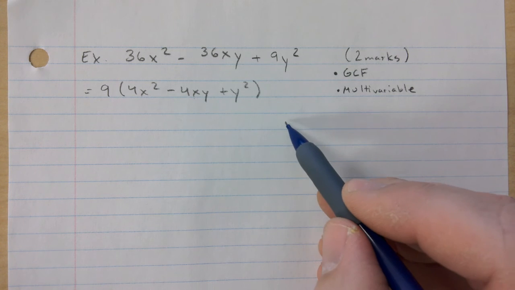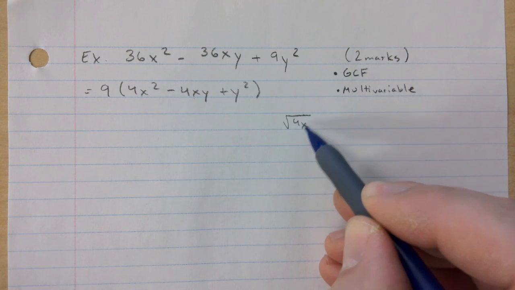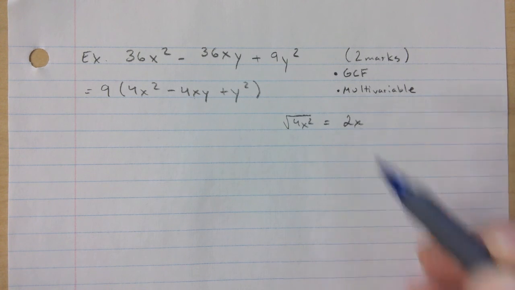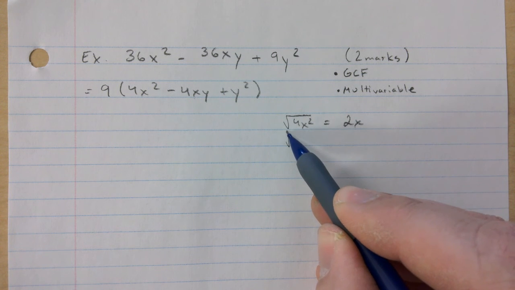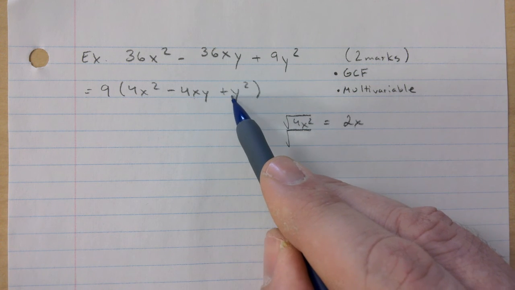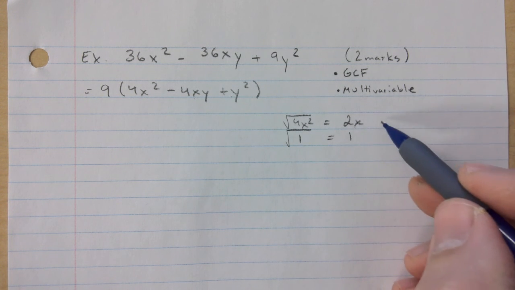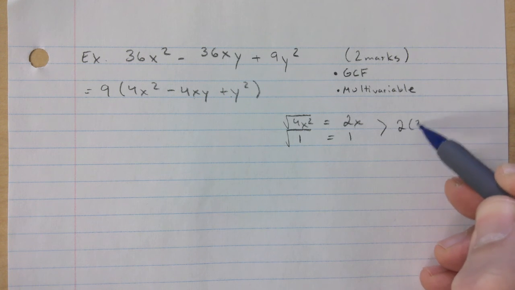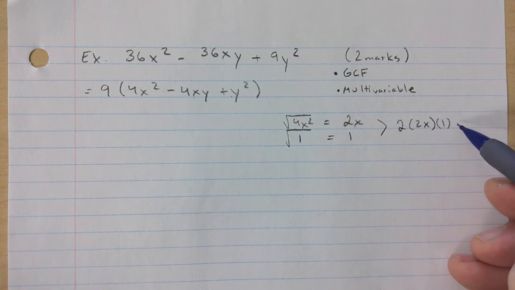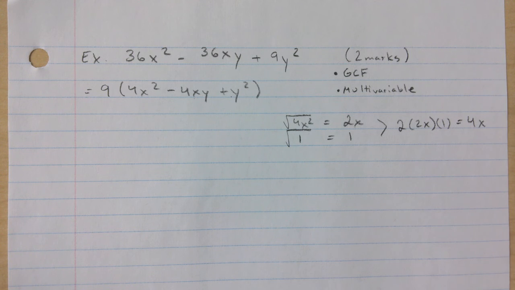So let's check. I'm going to check 4x squared, that is 2x. I'm going to take the square root of 1, and that's just 1. And I'm going to check 2 times 2x times 1 is 4x. Sorry, I made a mistake here.